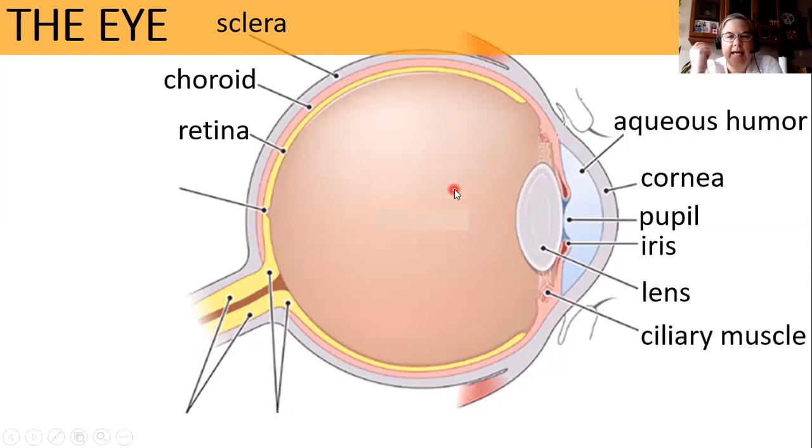So in the center of our eye, it's not just this big empty space, it's filled with this gel-like fluid called the vitreous humor. Because this is a different medium for light to go through than the lens, the light bends again, okay?